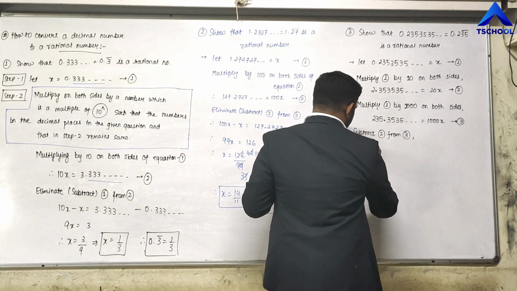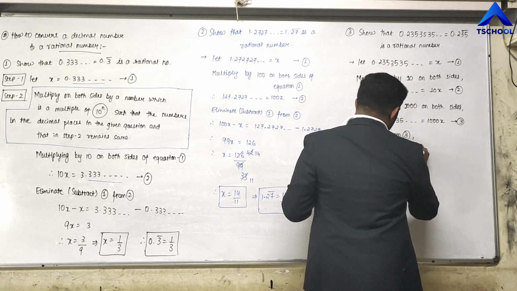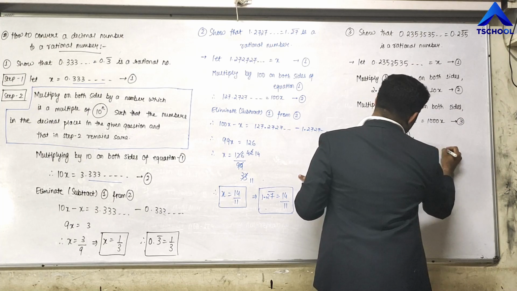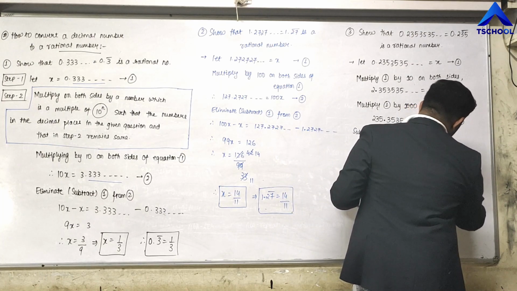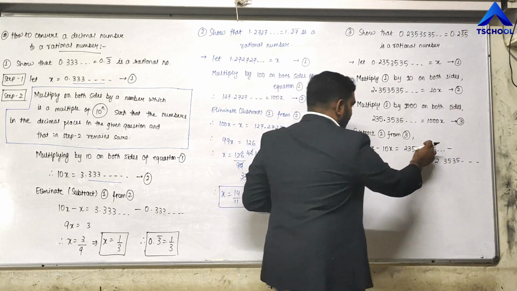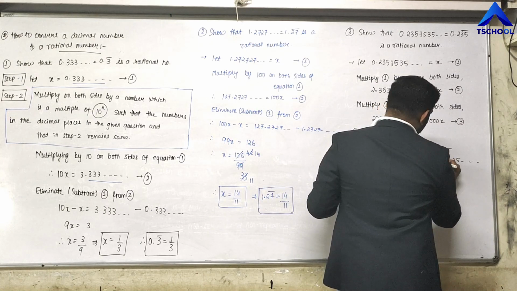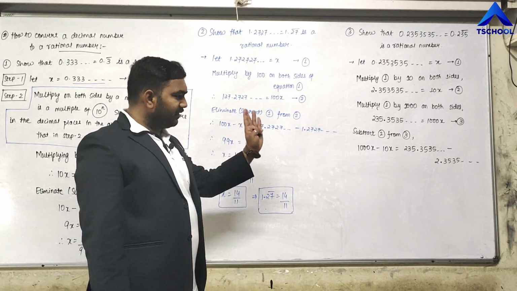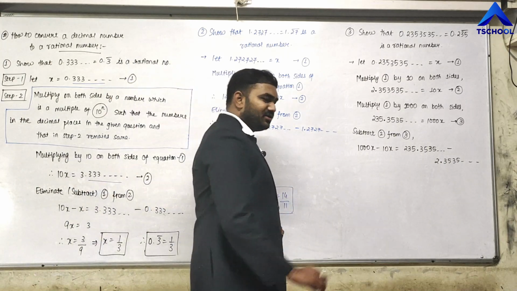That will give me 1000x minus 10x equals 235.3535 up to infinity minus 2.353535 up to infinity, so that the numbers after the decimal places, 353535, will be cancelled.